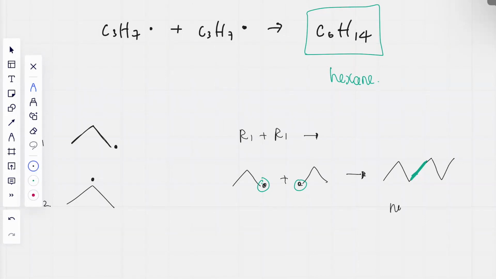What's the name of the product? Same. Exchange. Fine.